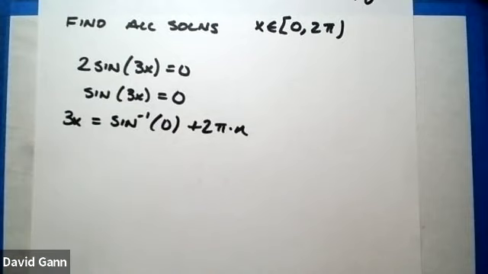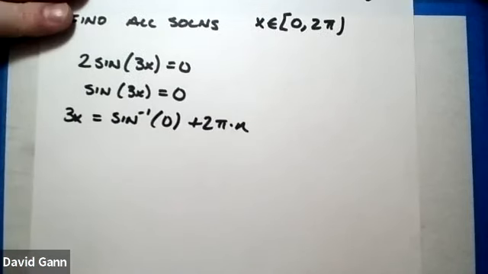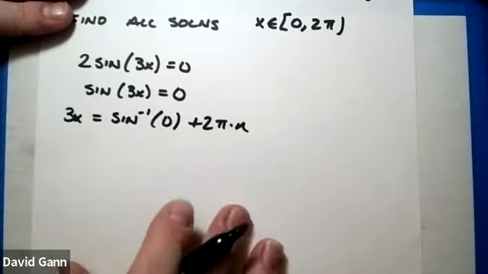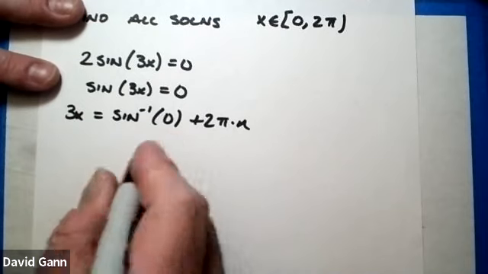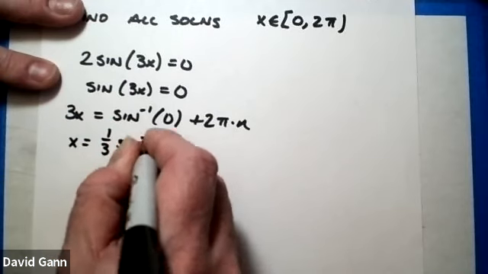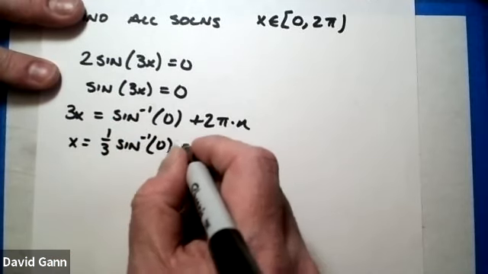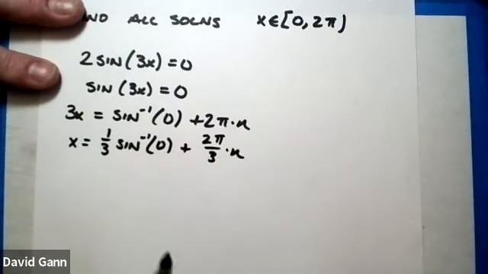This is the critical step that, in the previous section, we just started tacking on at the end without even noting that it's there. This does lead to extra solutions, because when we divide by 3, everything on this side gets divided by 3. So this becomes x equal to 1/3 inverse sine of 0 plus, now instead of 2 pi times n, it's 2 pi over 3 times n.